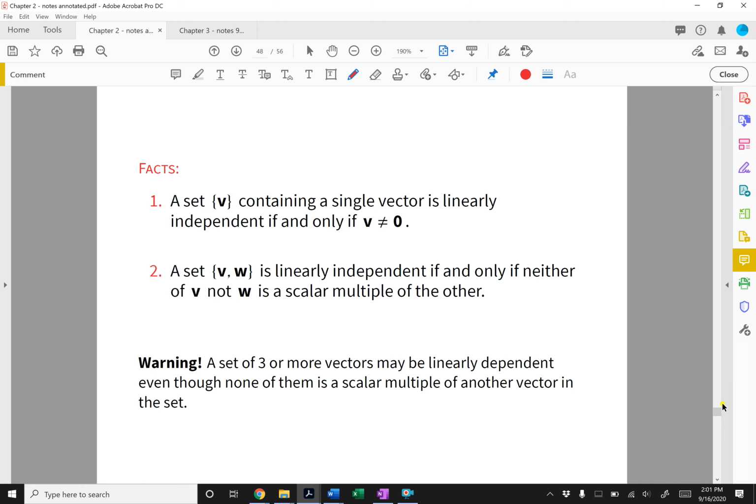So a few things that you can use as you reason through these problems. If you only have one vector, then it's linearly independent if and only if the vector is not the 0 vector.